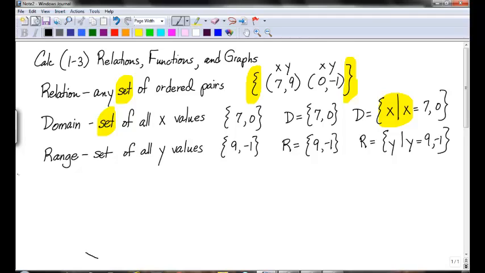Okay. And then probably the most important definition, and we've talked about it all the way through algebra, is a function. A function is a relation. It's actually a special relation. A function is a relation such that, and then the higher you go in math, the more symbols they're going to use.